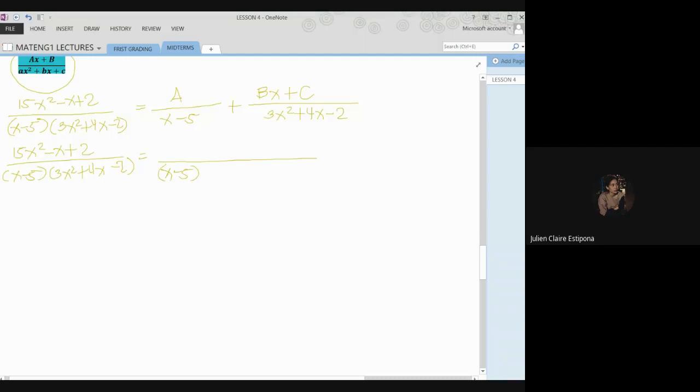We just copy, that is 3x squared plus 4x minus 2. Okay, so the denominator divided by the x minus 5 multiplied by a, what remains there is a multiplied by 3x squared plus 4x minus 2. Okay, so for this one, it remains the numerator, bx plus c, and then multiplied by what remains there is already x minus 5. Can you follow that part?